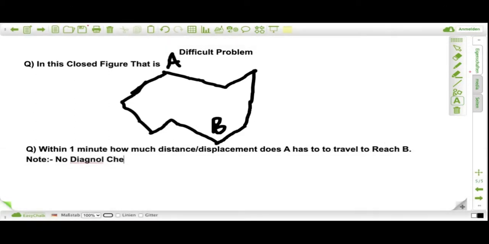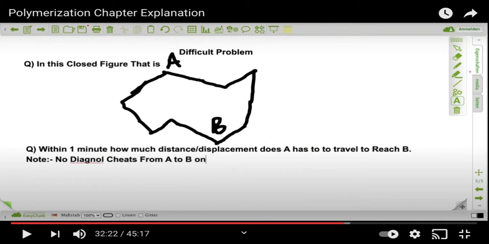So within 1 minute you have to reach B. You should not do any diagonal cheating. Diagonal cheating means you can't use any diagonals or something.